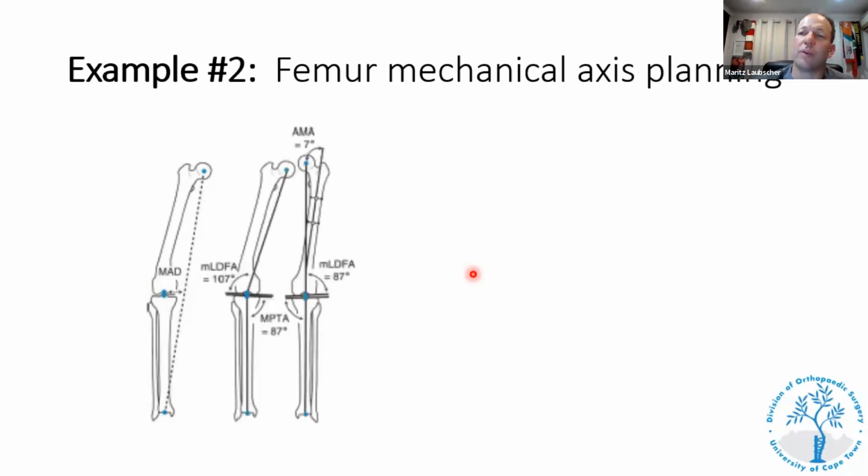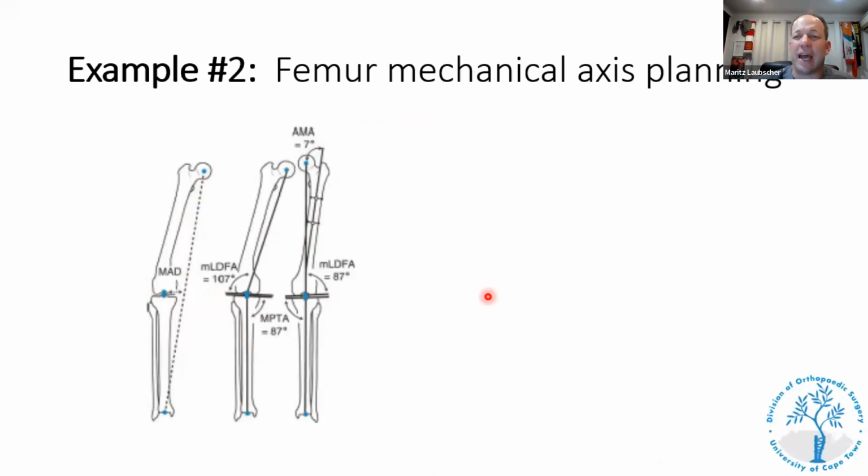If I draw the mechanical axis of the individual limb segments, and I measure my joint angles, don't forget your neck shaft angle proximally and your lateral distal tibial angle, which are normal in this case. I look at my medial proximal tibial angle, and that's normal, but my mechanical lateral distal femoral angle is 107 degrees, and it should be 87. So there is a deformity in the femur.